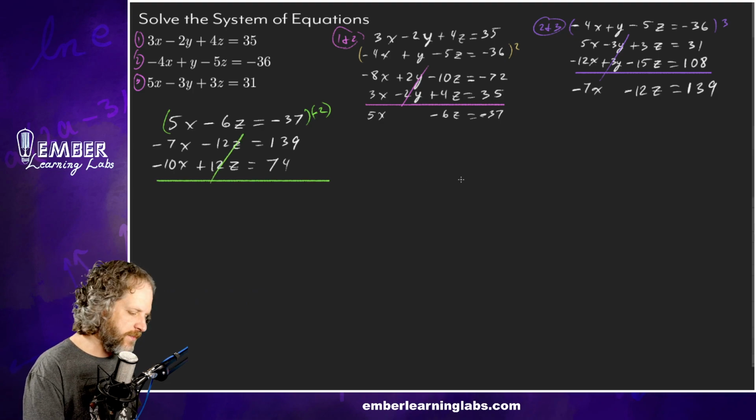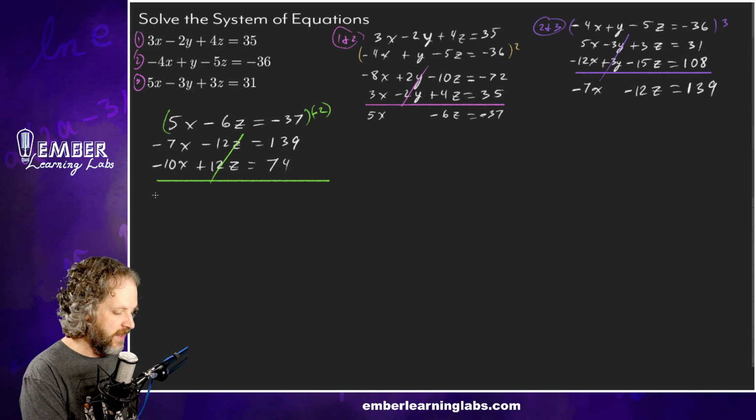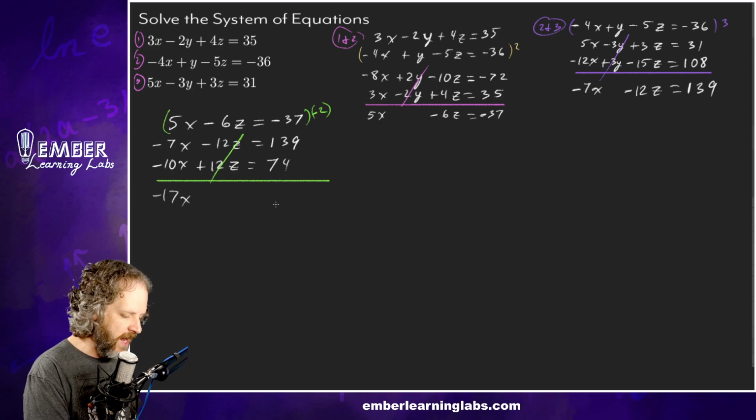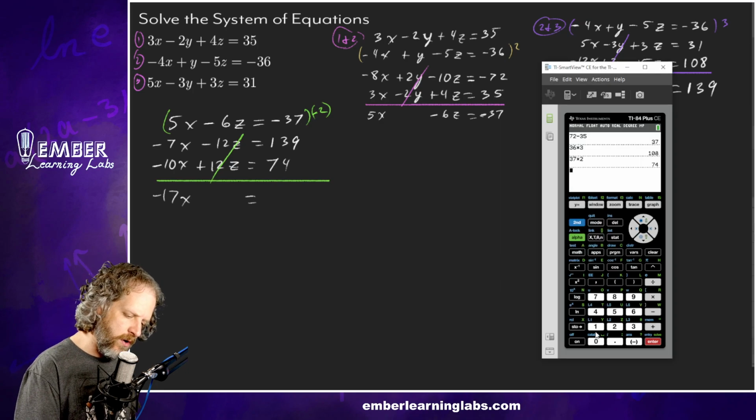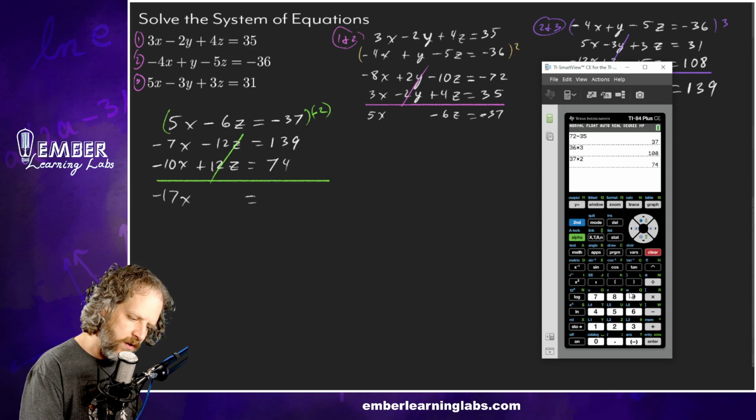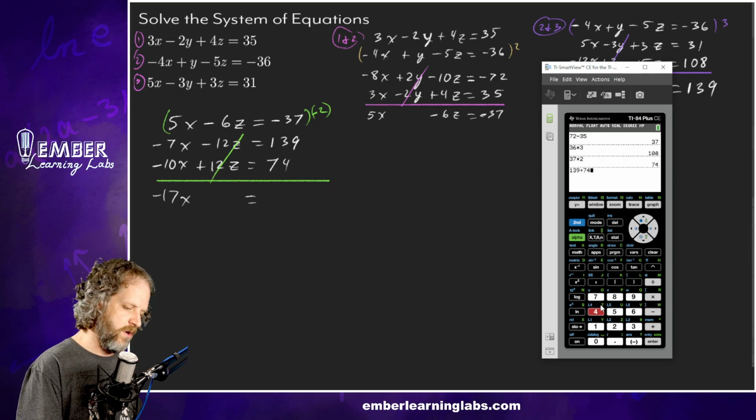Negative 7x plus negative 10x is negative 17x. 139 plus 74. Oops. 139 plus 74. There we go.